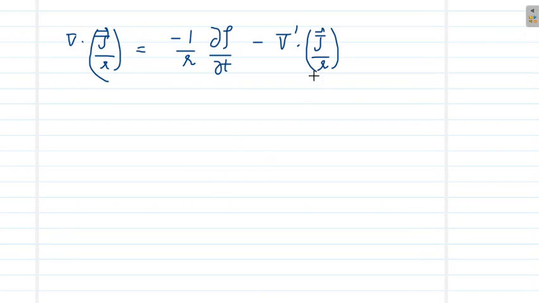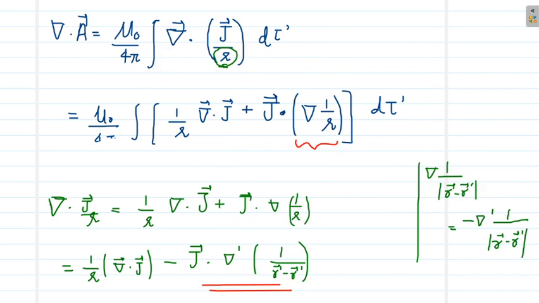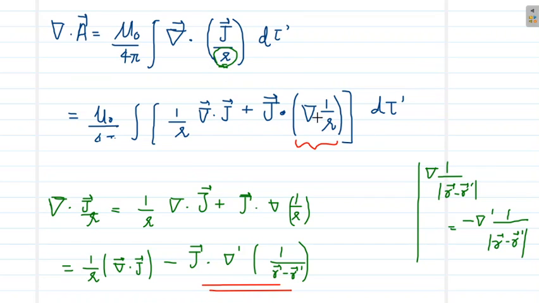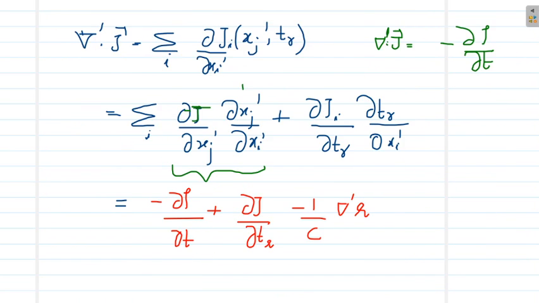Now let us substitute for del dot of j by r into our first equation where we began. Here we had del dot of j by r, and we found the equation for it in our substitutions. So let us write the equation for del dot of A now.